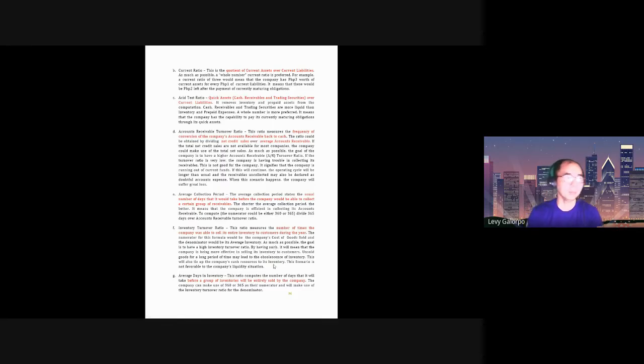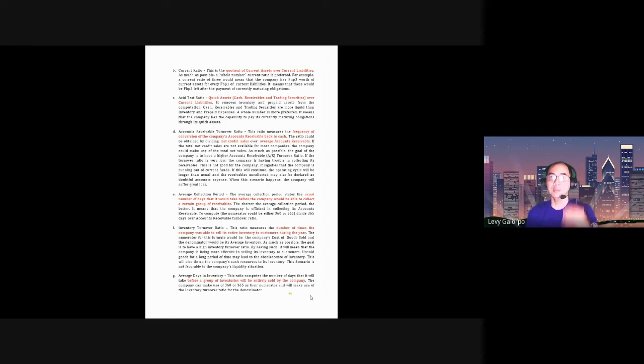Kung hindi nyo mabasa dahil maliliit ang letra, i-download, i-save ko itong file na ito sa ating class notebook. Acid test ratio, quick assets. Ang tinutukoy natin dito yung cash, receivables, at saka trading securities.